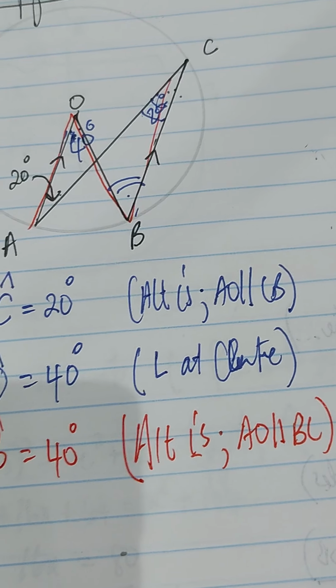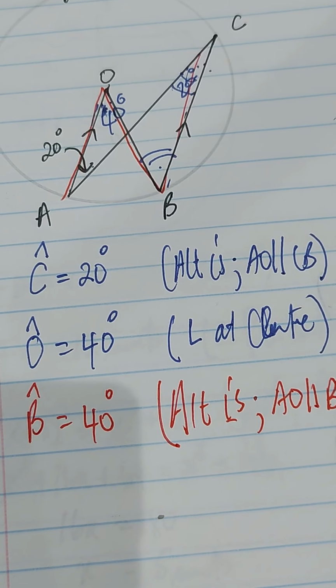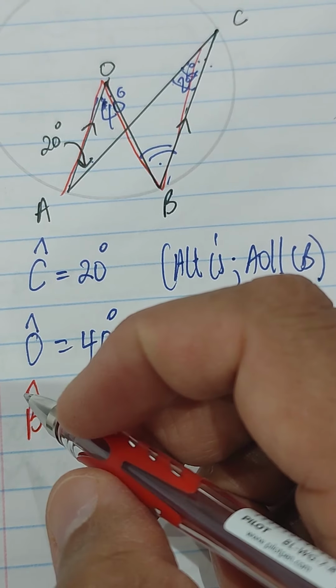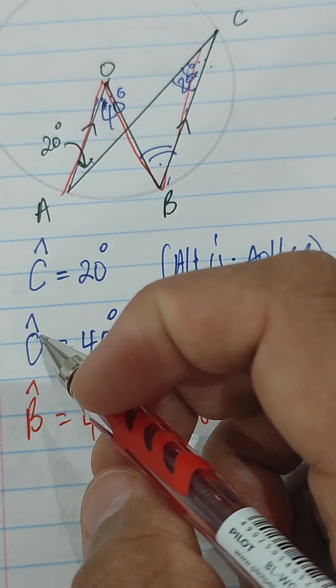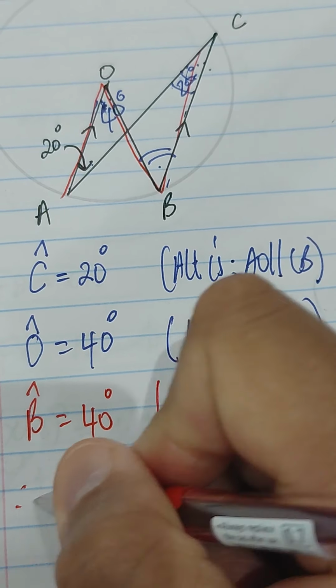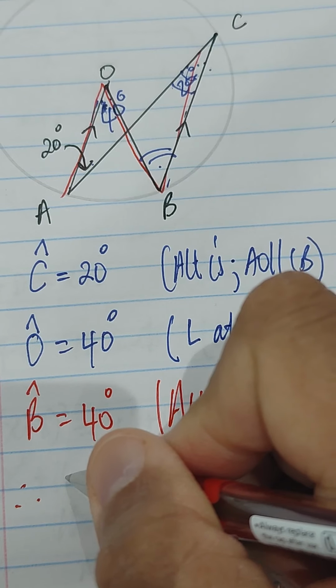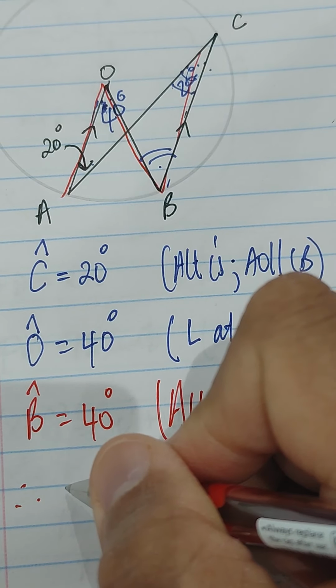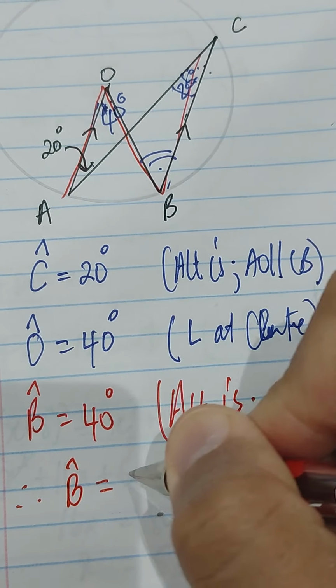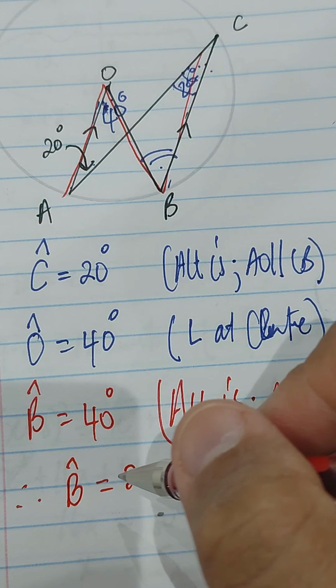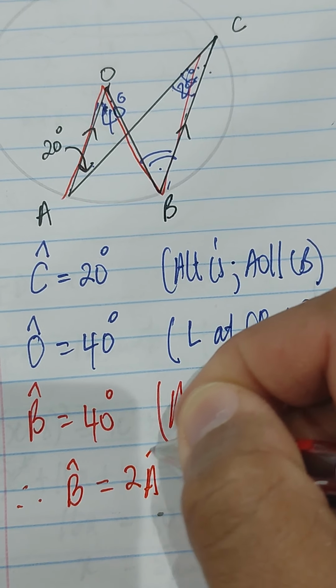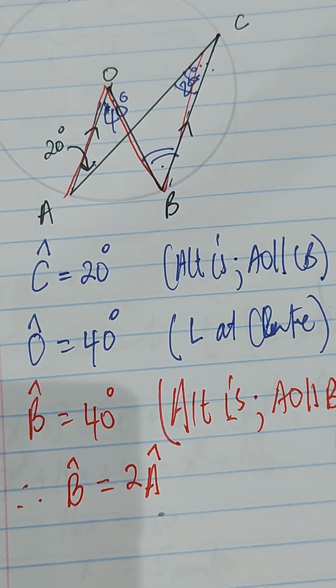Okay? AO is parallel to BC. And now, in conclusion, we can say, therefore, angle B is equal to double or twice angle A. Okay.